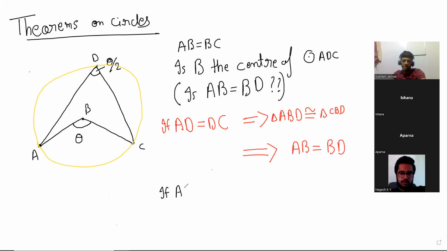Now, the second case is when AD is not equal to DC. So at least we know that in the case of complete symmetry, this point D has to be on the circle.